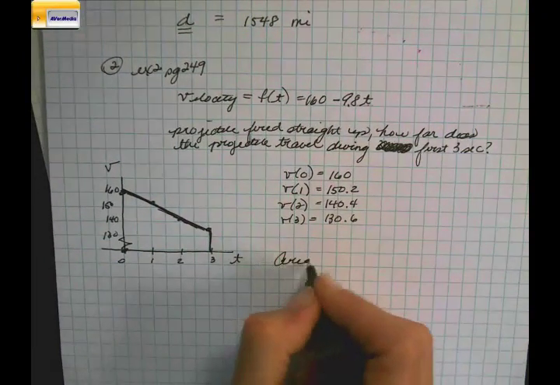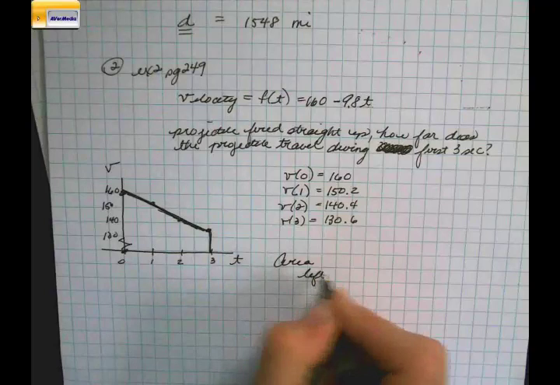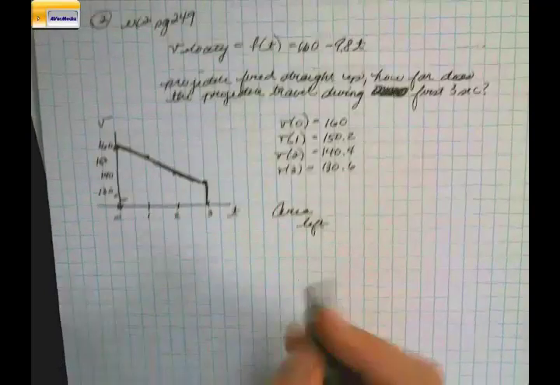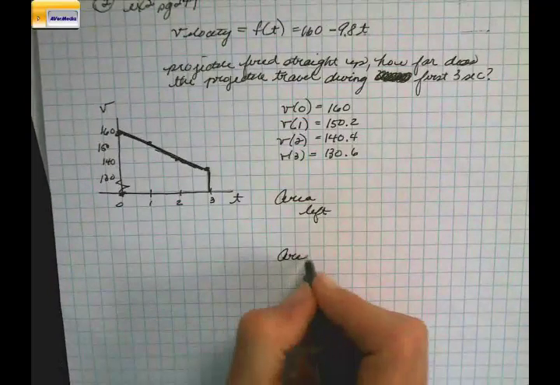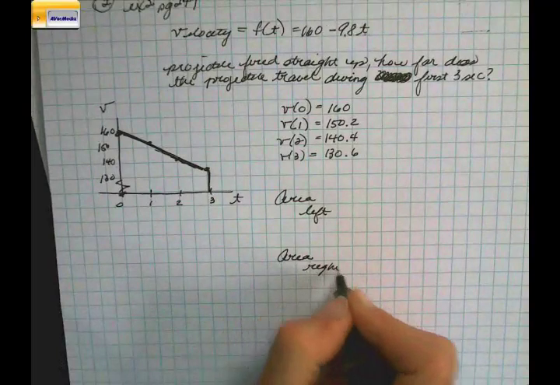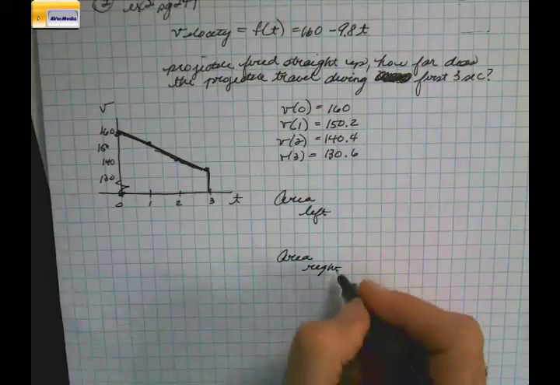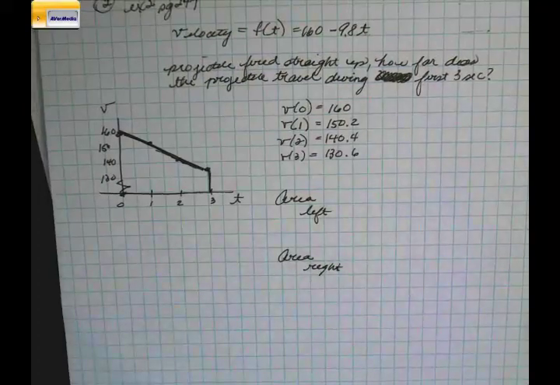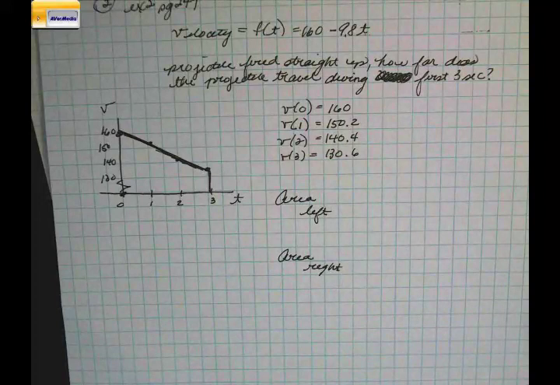Men on the left do the left endpoint, and all the ladies in the room do the right endpoint. And we'll compare the two. Taking the average of the two would give you a very good estimate. Okay, we'll compare once you get the figures. It shouldn't take you too long.